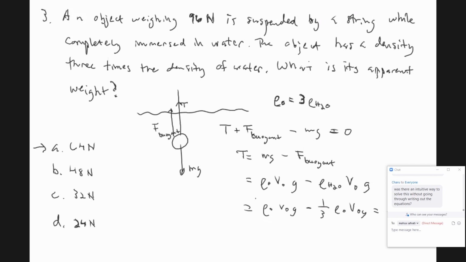Unfortunately, no. If you try to do this intuitively, you can go horribly, horribly wrong. You would have to look at each component and see where each thing was. Even I don't feel confident to do this intuitively, where it's like, oh, 96, I should be 2/3 of that. Why?